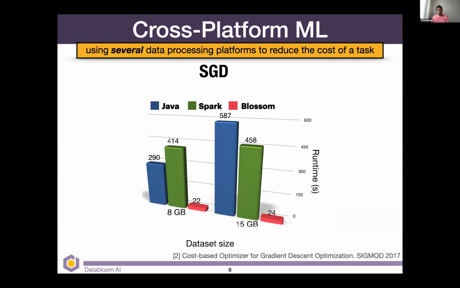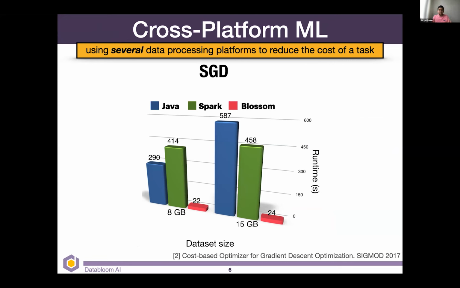Think about you are running some machine learning task using stochastic gradient descent, right? For this, we did it with two different data set sizes, 8 gigabytes and 15 gigabytes. This was a regression task. And the details you can find in the paper reference that you see down on the slide.